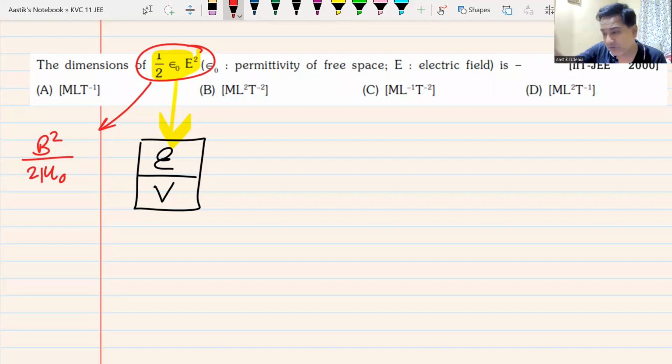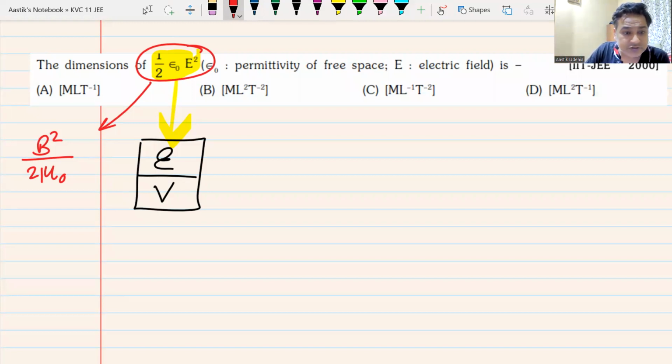But half epsilon naught E square will be used so many times in the class that you will know this in a flash. Do we understand this? That is the problem, that JEE will have questions which we have not done up till now.